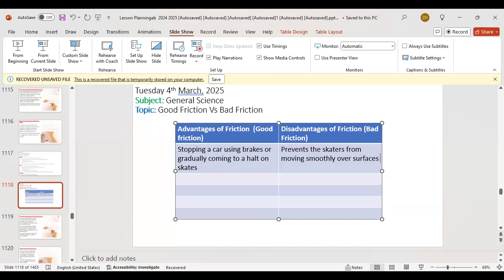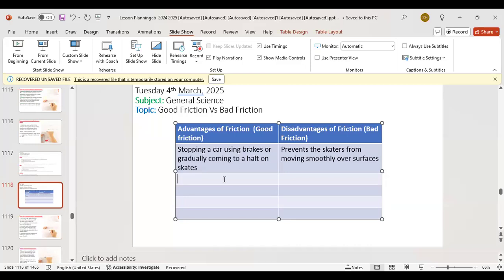Some surfaces you can't really skate over as smoothly because of the friction. So good friction helps you to stop the vehicle or stop motion. But bad friction is when you want to go faster but you can't because the friction is stopping you. So friction could be good or friction could be bad.